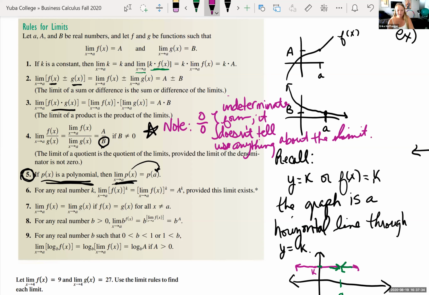If you get that form, basically you're going to have to use some algebra, and we'll go through different cases that you'll see, to manipulate and get it in a form where we don't get 0 over 0.